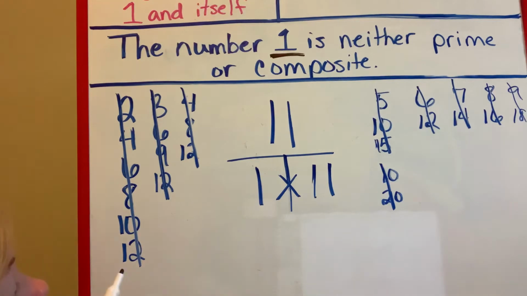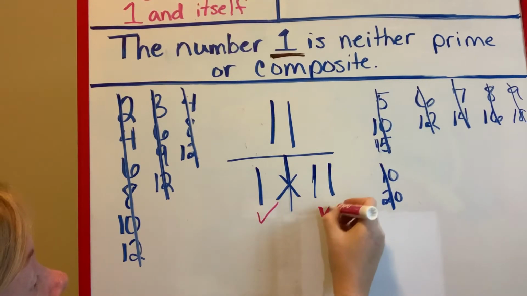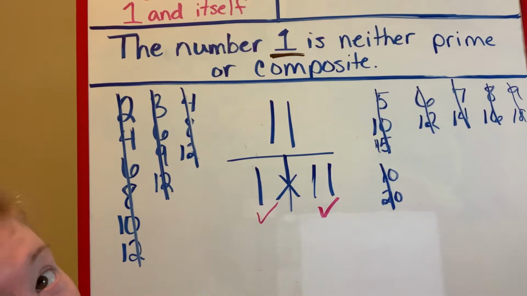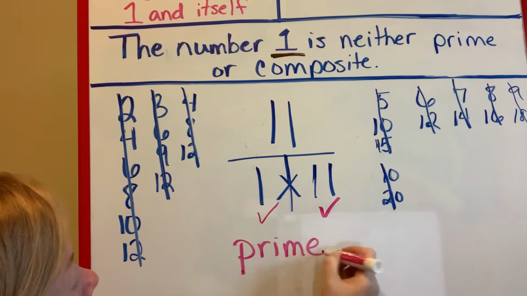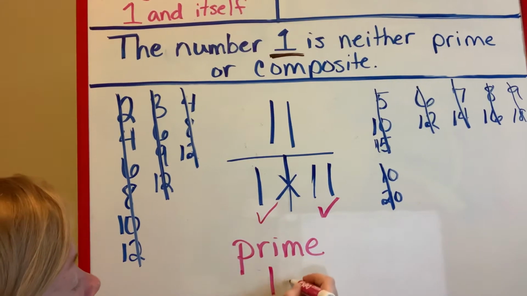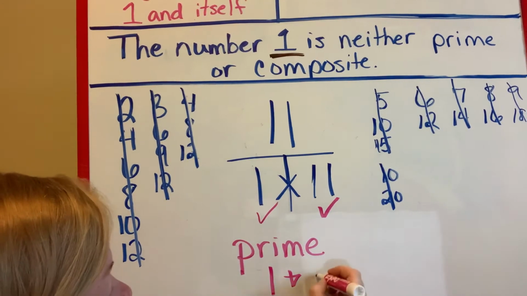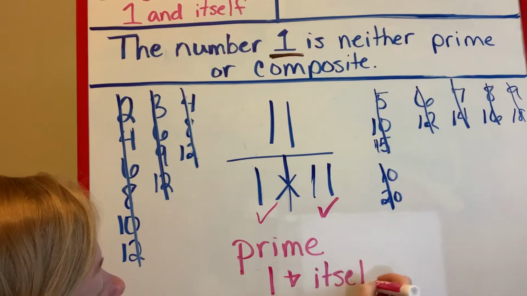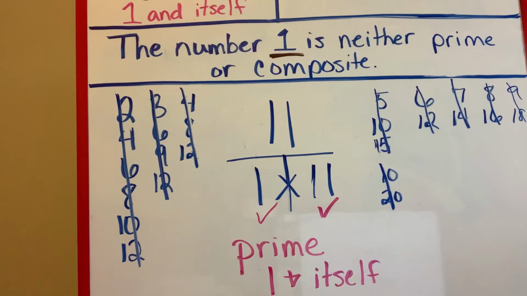It has 1 and itself. So that makes this number prime. Perfect. So it only has 2 factors, 1 and, that's a symbol for and, 1 and itself. So since it only has 2, then that is it.